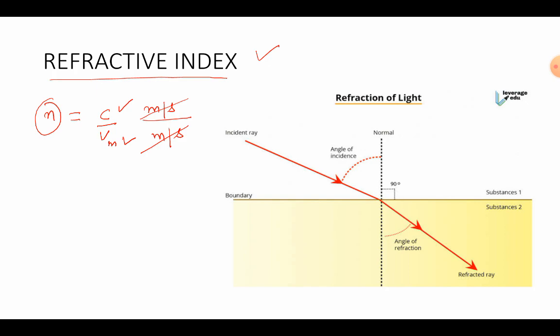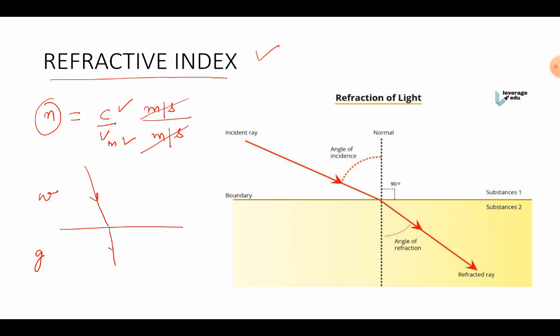Now, what we have done yesterday, let us think about some more examples related to it, and let us all see whether we have understood or not. Suppose this is the interface. This is one of the mediums. Let us say that this is water, and over here we have the medium glass, and a ray of light travels obliquely from water into the glass.